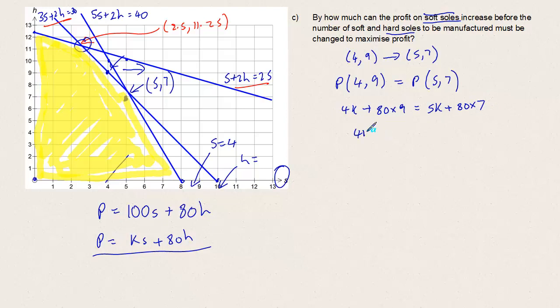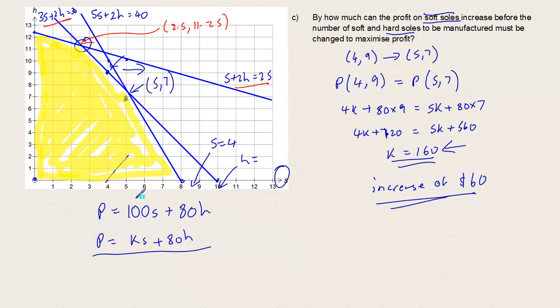So that's 4K add 720 is 5K plus 560. So rearranging that a bit, K is equal to 720 take away 560, which is 160. So this would be the new profit on S, and that's an increase of $60 because the current is $100.